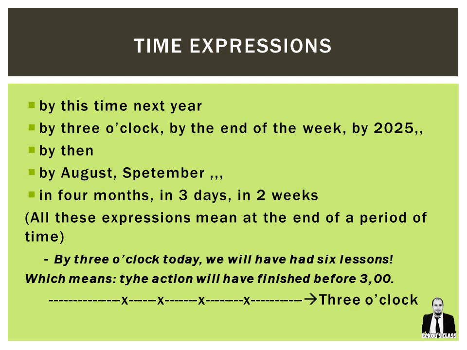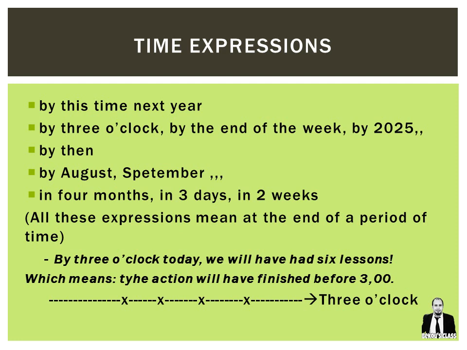For example, we can use by this time next year, by this time next month, by this time next season, by 3 o'clock, by the end of the week, by 2025, by 2020, by then, by August, by September, by next holiday, in 4 months, in 3 days' time, in 2 weeks. So all these expressions mean at the end of a period of time which is mentioned.